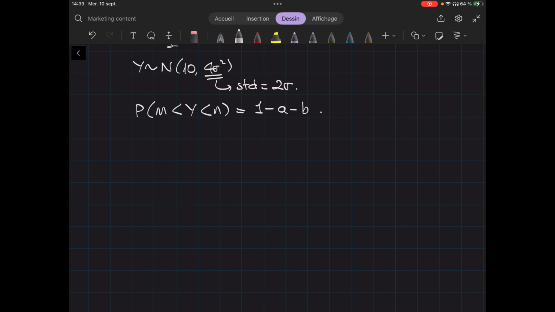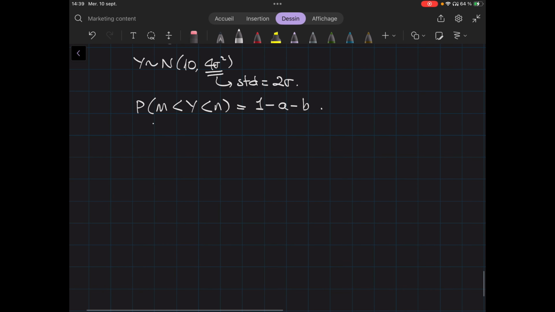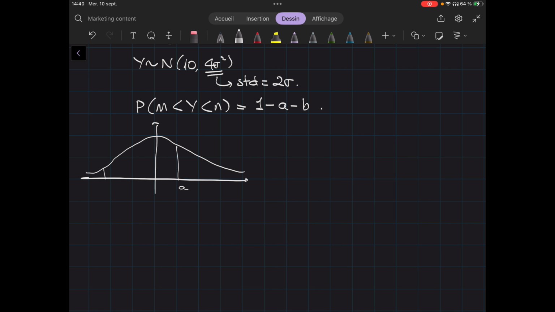However, if you do choose to attempt the question part, remind yourselves of the distribution from part A. This is A, this is B. The 1 minus A minus B would be this part over here, right? This part is A, that part is B. The entire thing is 1.